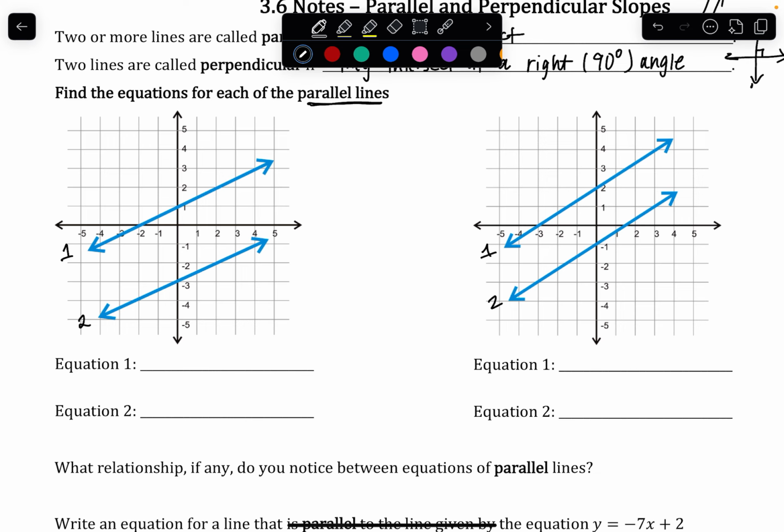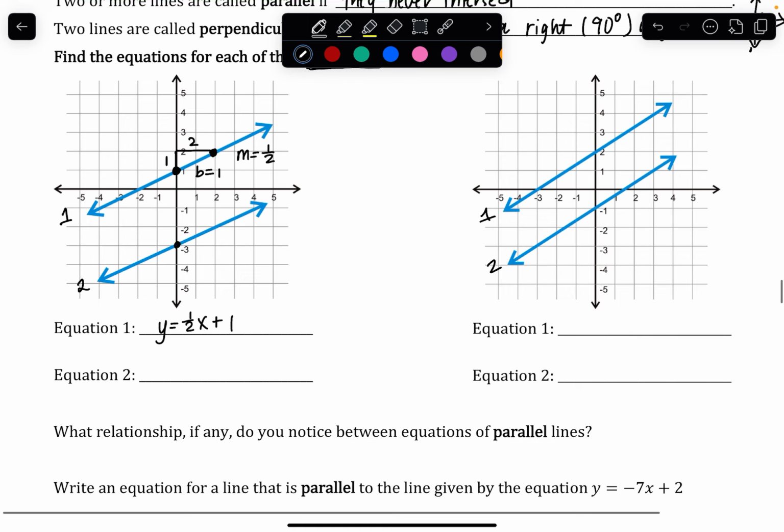For equation 1, the y-intercept is 1, and the slope is rise 1, run 2. So the equation, y equals mx plus b, would be 1/2 x plus 1.